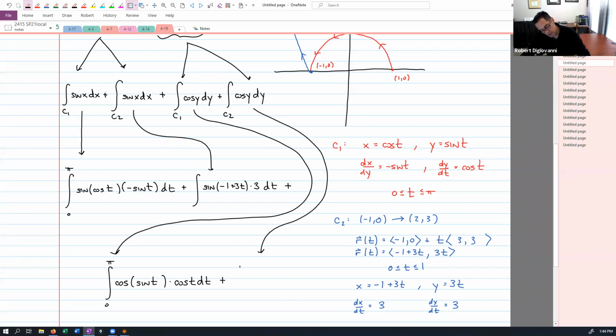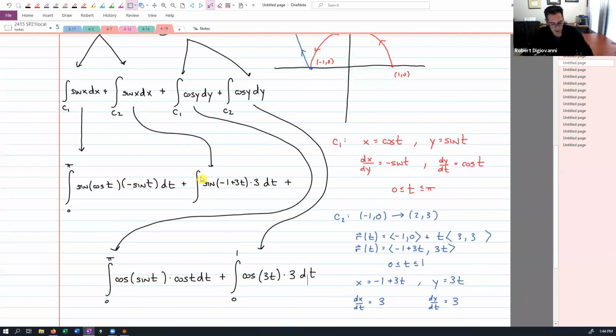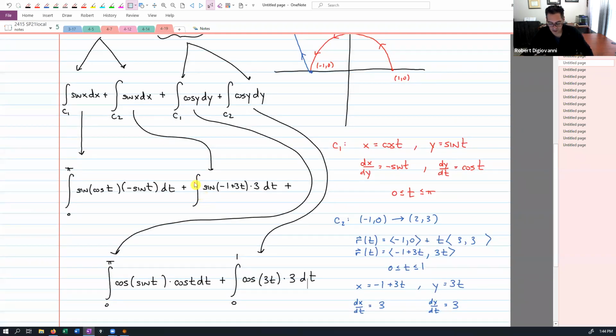So plus integral, now I'm on C2, so I'm going to go from 0 to 1 again. And cosine of y this time is 3t. And then the derivative of that, dy, is 3 dt. There you go. Oh, sorry, I forgot my limits of integration on this integral. It's on C2, so it should have been from 0 to 1.